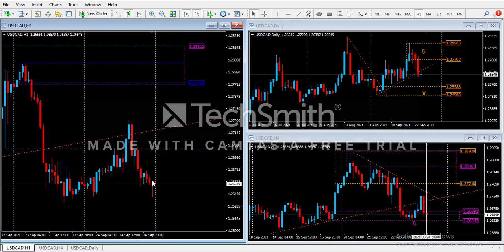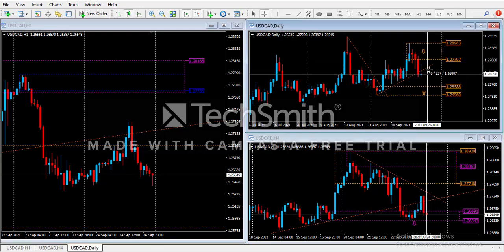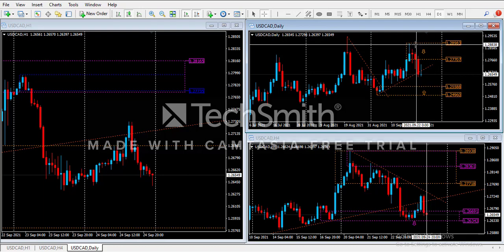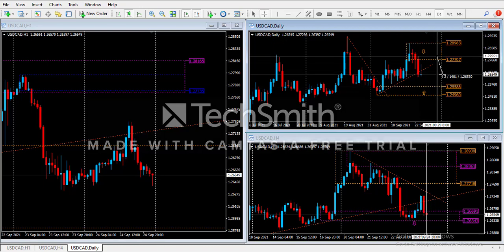So we are waiting for changing tendencies for buying and for selling. So at this time we are waiting for the price to move to the supply area or to the demand area, from where we will take either buy or sell movement.